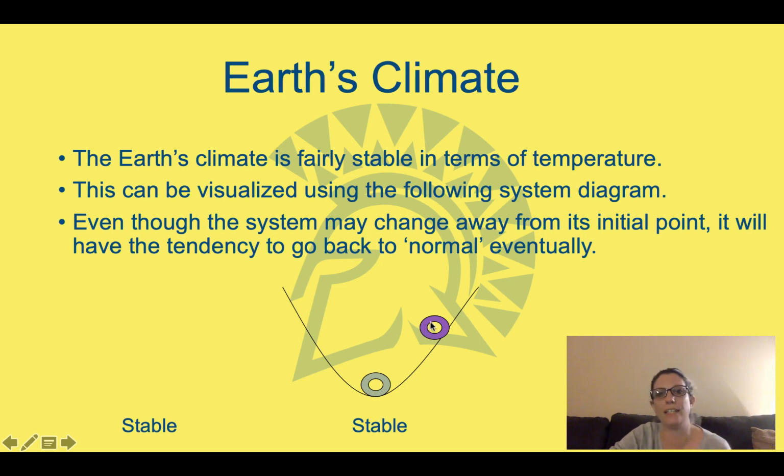Gravity will kick in and it'll come back down and rest in the same place that it started. So even though the system may change away from its initial point, much like you pushing it up the hill, it has the tendency to go back to normal eventually, much like this rock going back down to the bottom where it first started.